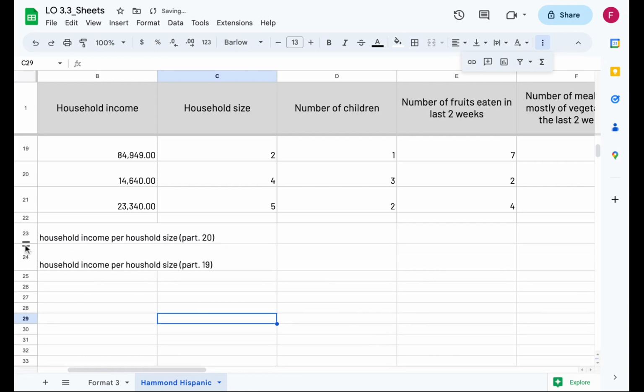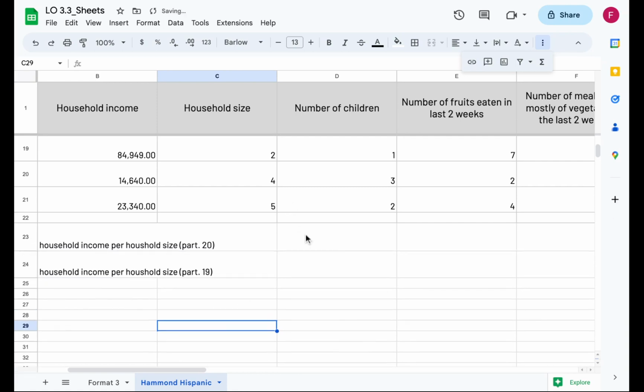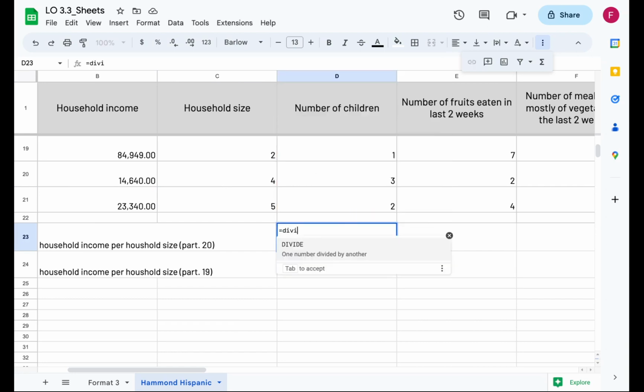I want to find this information for two of them. So to do the division for household income per household size, I need to divide this by this. So this is going to be equal to divide, and same thing, I'm dividing the bigger number by the smaller number.